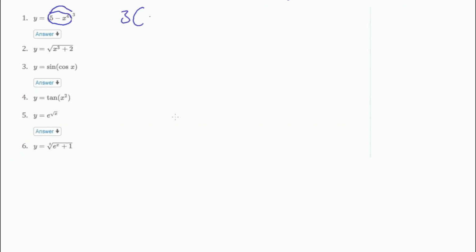So we're going to have 3 times 5 minus x to the fourth power, and that's going to be to the second power because we have 3 minus 1, and multiplied by g prime, which is whatever's inside. So the derivative of 5 minus x to the fourth power, which is going to be negative 4x cubed. And that is going to be our final answer.